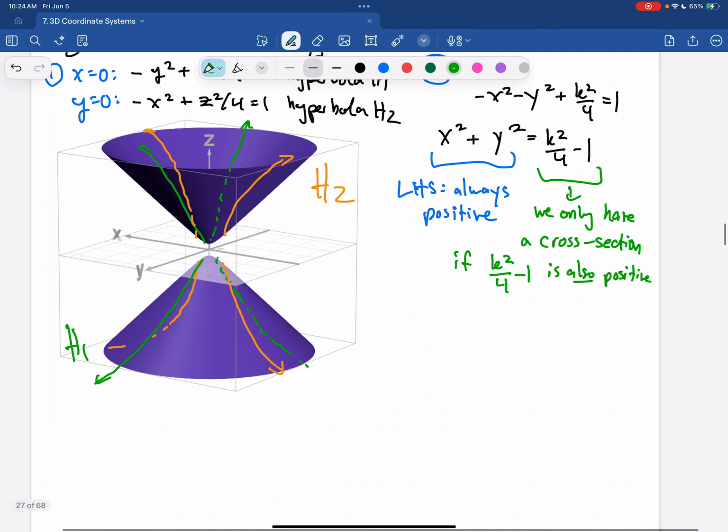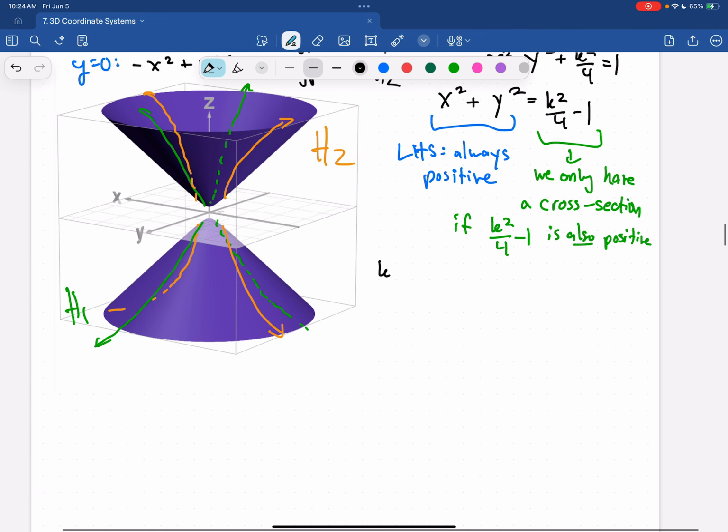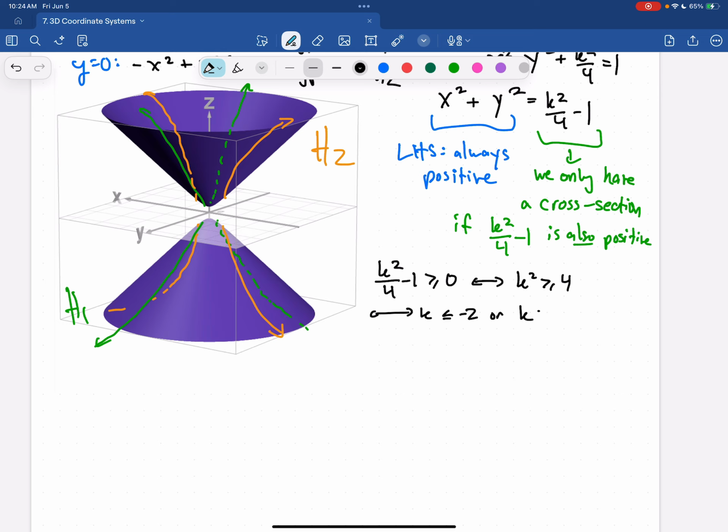So what does that mean for k? If k squared over 4 minus 1 is greater than or equal to 0, that means k squared is greater than or equal to 4. In this case, that means k is either less than -2 or k is greater than 2, which we could just write as k is between -infinity and -2, or from 2 to infinity.